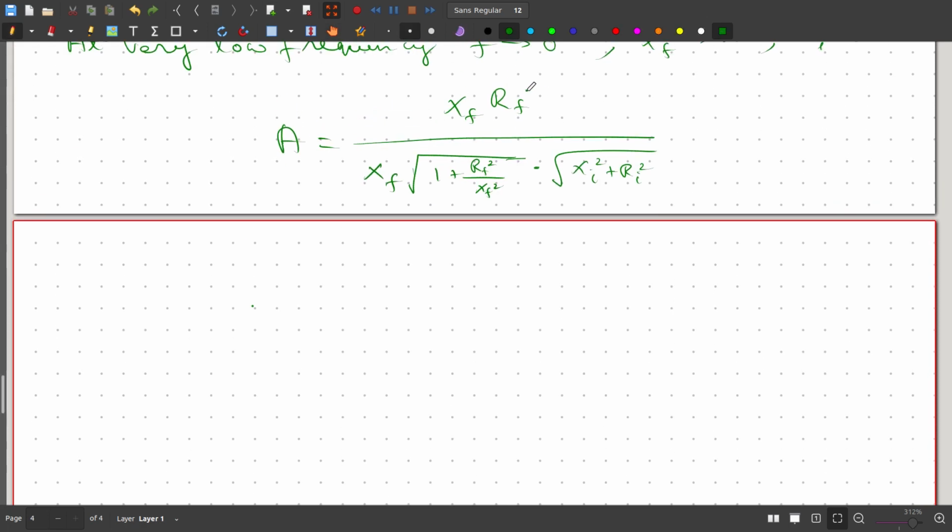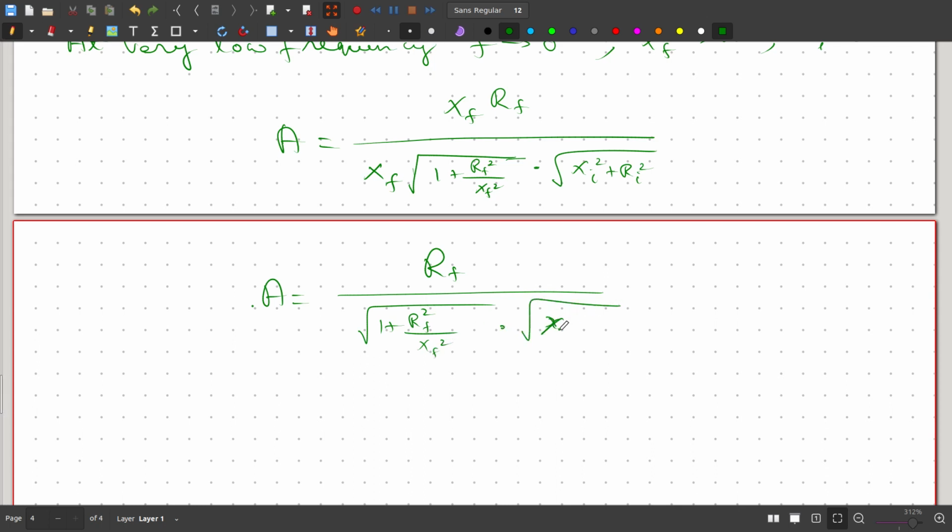As this XF and this XF go out, we have A equal to RF divided by root of 1 plus RF square divided by XF square, into root of Xi square plus Ri square.